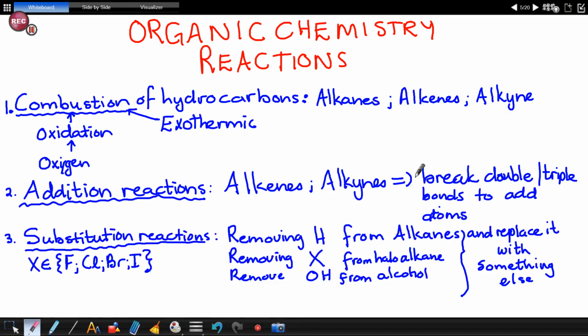So here, to answer Sumani's question, you can add hydrogen to the alkene or the alkyne, or you can add a halogen, or you can add a hydrohalide, halogen joined to a hydrogen. So you can add different things.